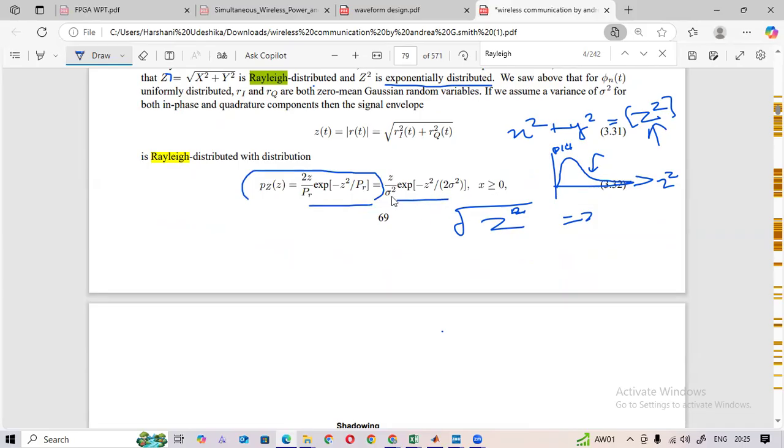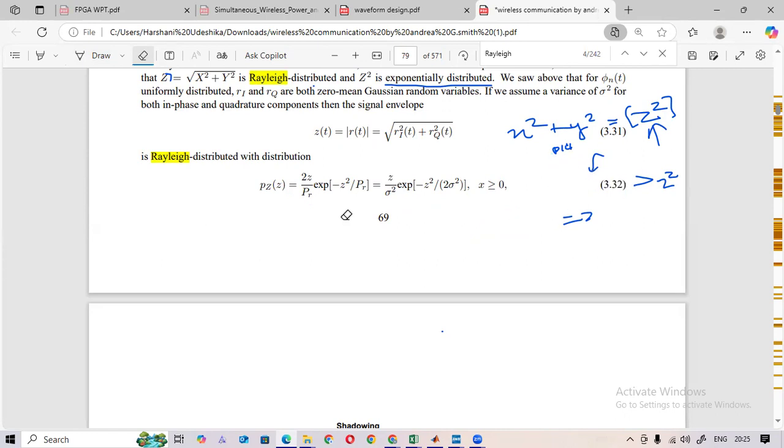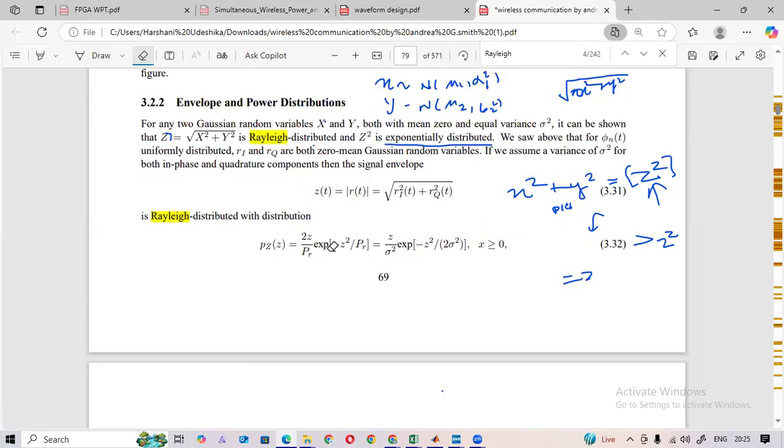So you can see that these are, yeah, the Z part is there, no? Maybe, okay. So if the Z is also there, maybe it will be... no, this is a Rayleigh distribution, okay.